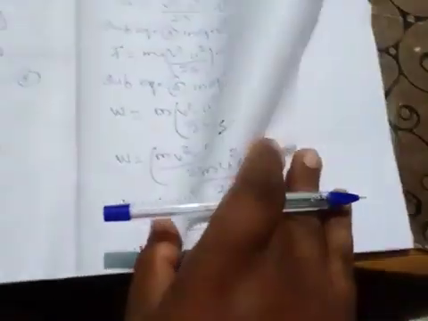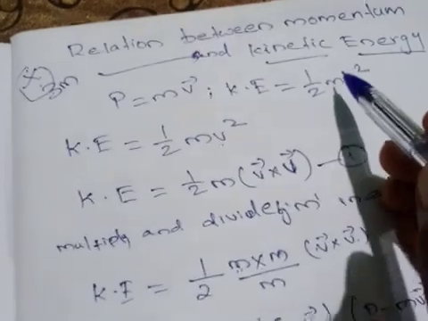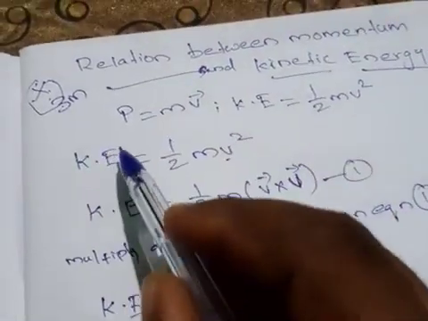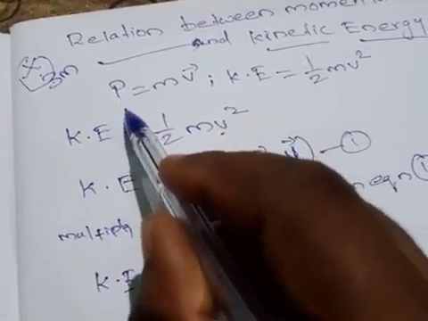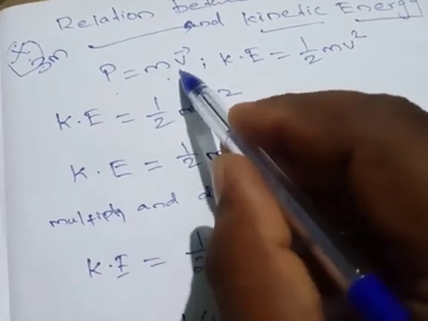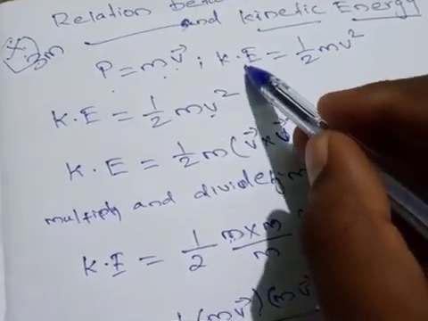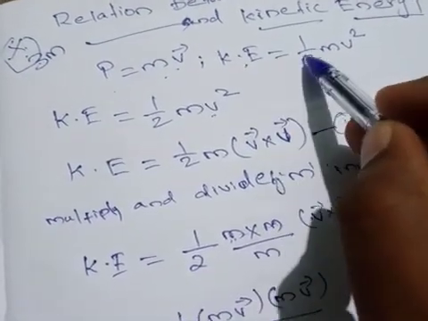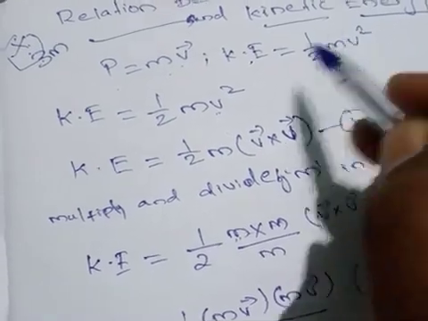So again listen here. We are finding the relation between the momentum and the kinetic energy. For that we are taking the momentum equation, p is equal to mv, and the kinetic energy equation, kinetic energy is equal to half mv square.